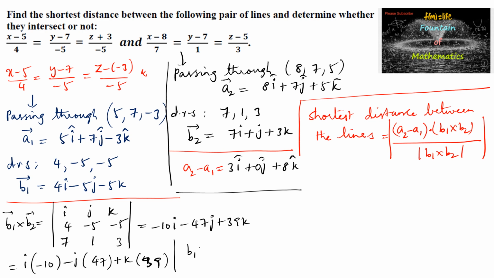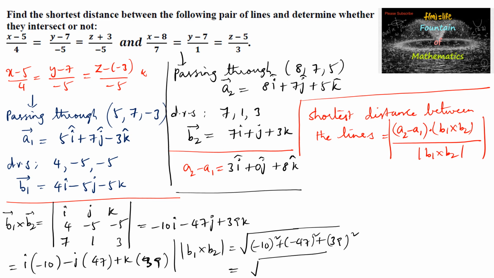And mod of b1 cross b2 is equal to the square root of minus 10 whole square plus minus 47 whole square plus 39 whole square, which is equal to the root of 3830.